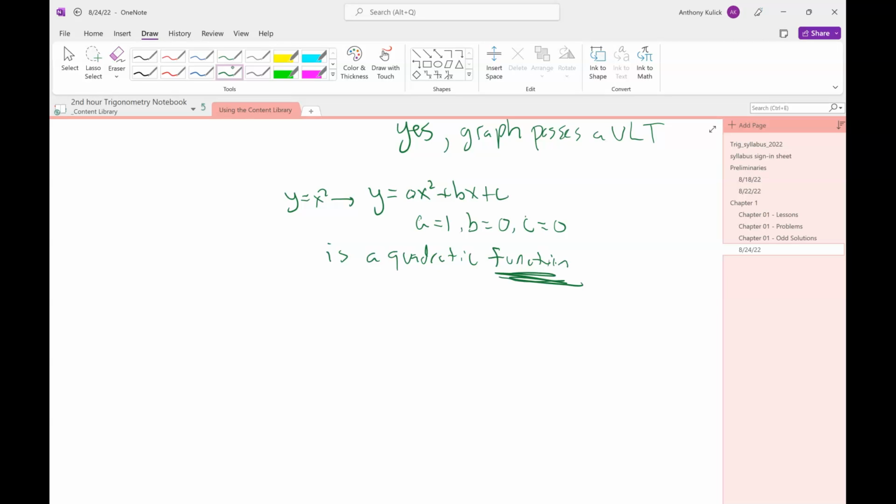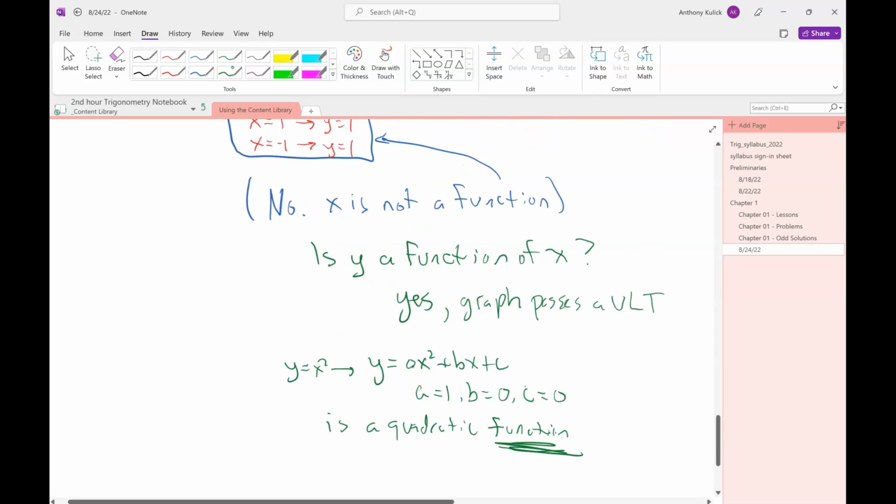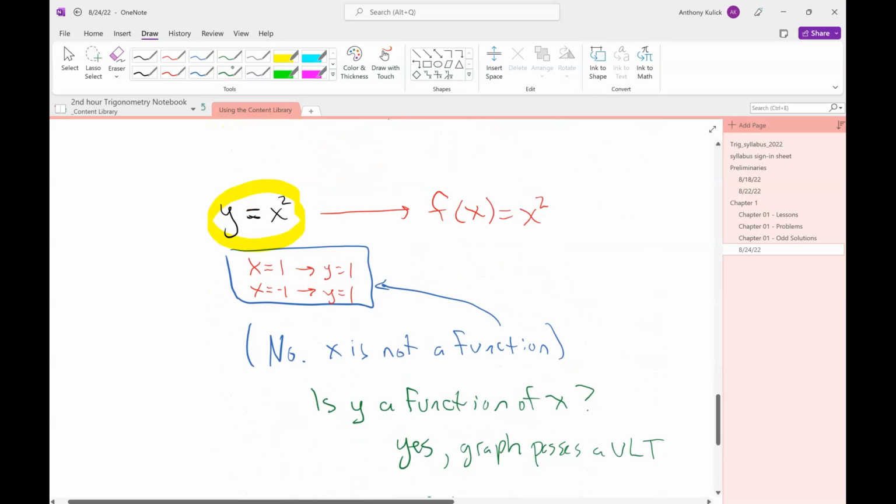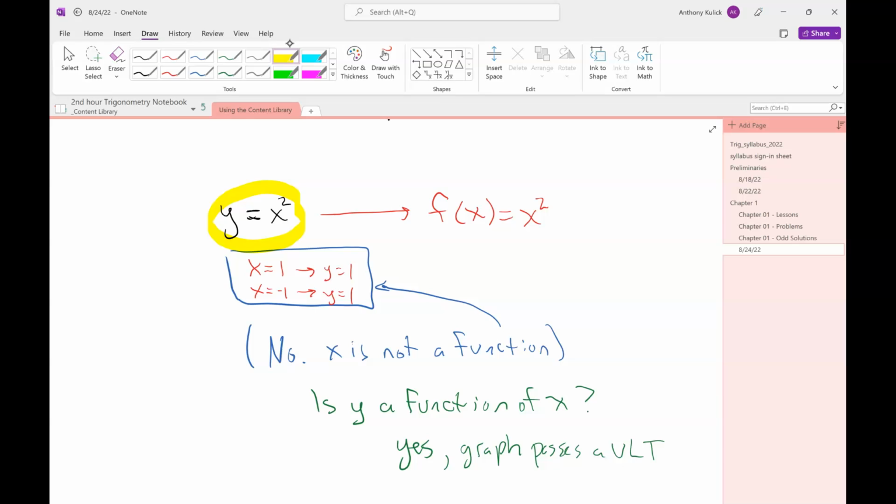Great. Yes, sir. I'm still confused about why we turned it into that at the beginning. Is it two different problems or is it the same problem? What we did in the beginning is we observed that it wasn't clear whether we want to be talking about y as a function of x or x as a function of y, because we get two different answers depending on which one we meant, right?